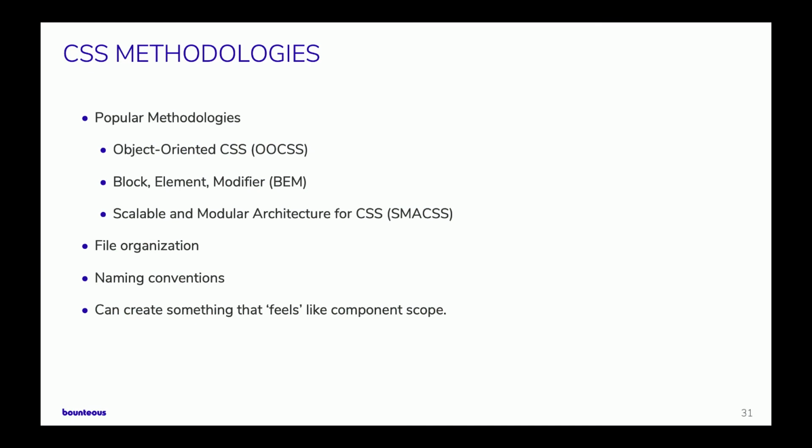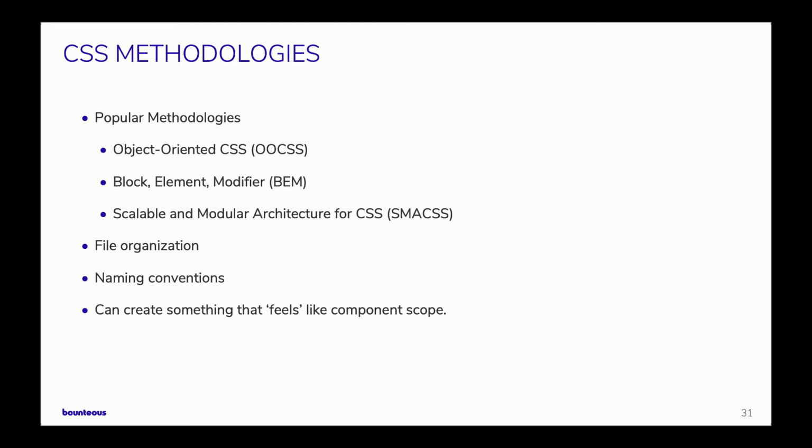So enter CSS methodologies as a way to try to deal with that. These are particular approaches to writing or organizing your CSS. Some popular methodologies are object-oriented CSS. Especially popular in the Drupal community is BEM, which stands for Block Element Modifier. There's also SMACSS, which is Scalable and Modular Architecture for CSS.